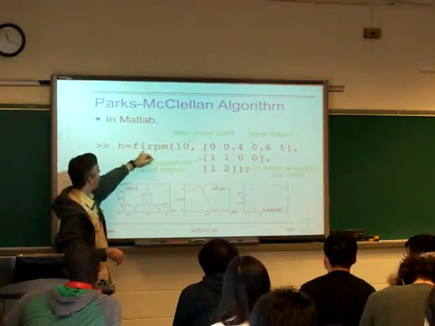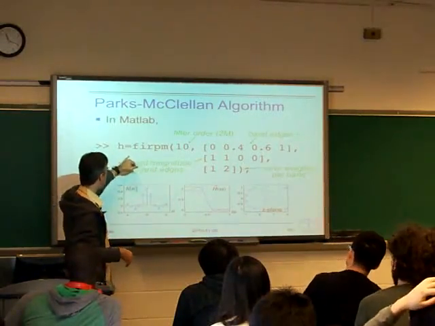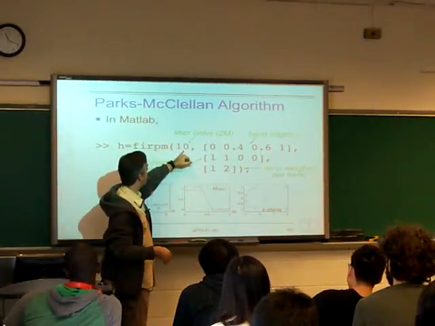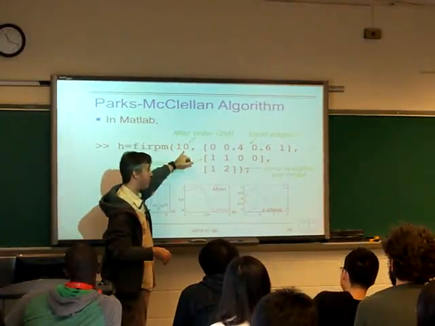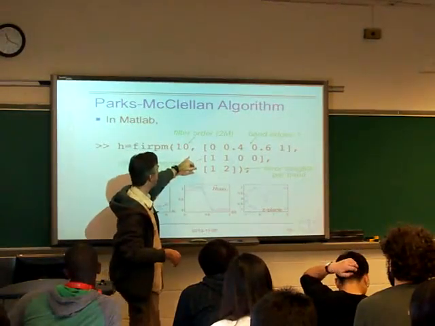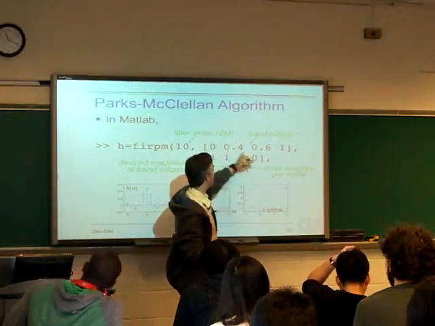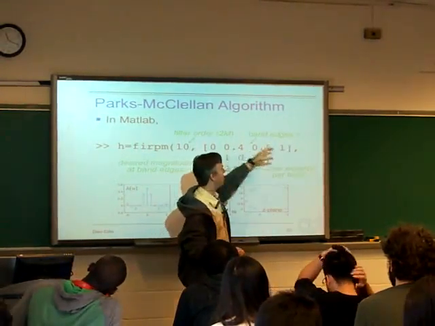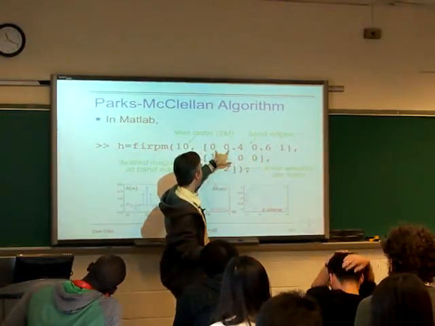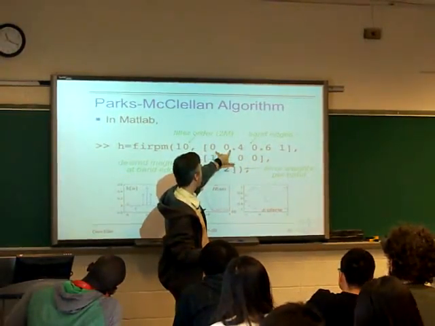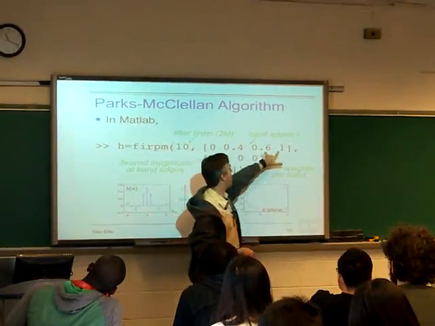So this is FIR Parks-McClellan. You give it the filter order, which is actually the length minus 1. Then you give it the band edges as a vector between 0 and 1. These are the band edges you want, so you want a pass band between the first pair, say, and a stop band between the second pair.